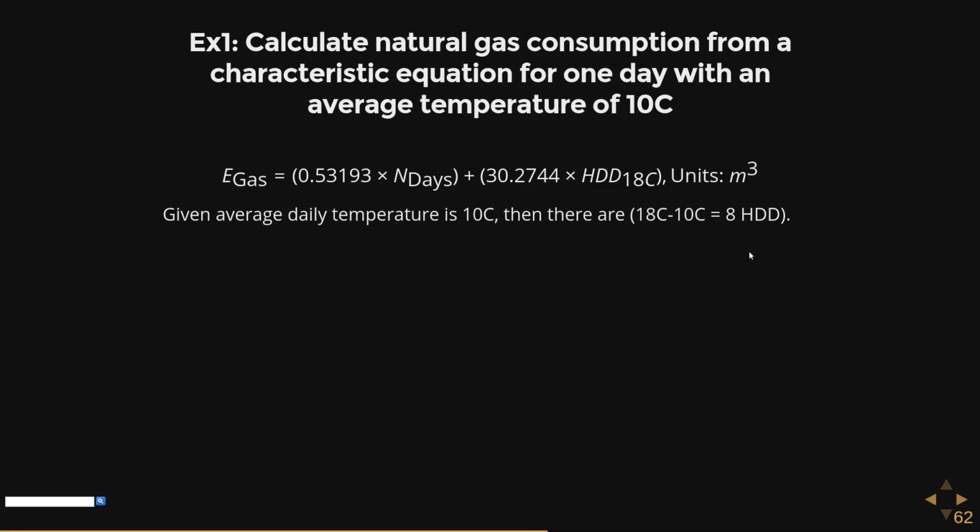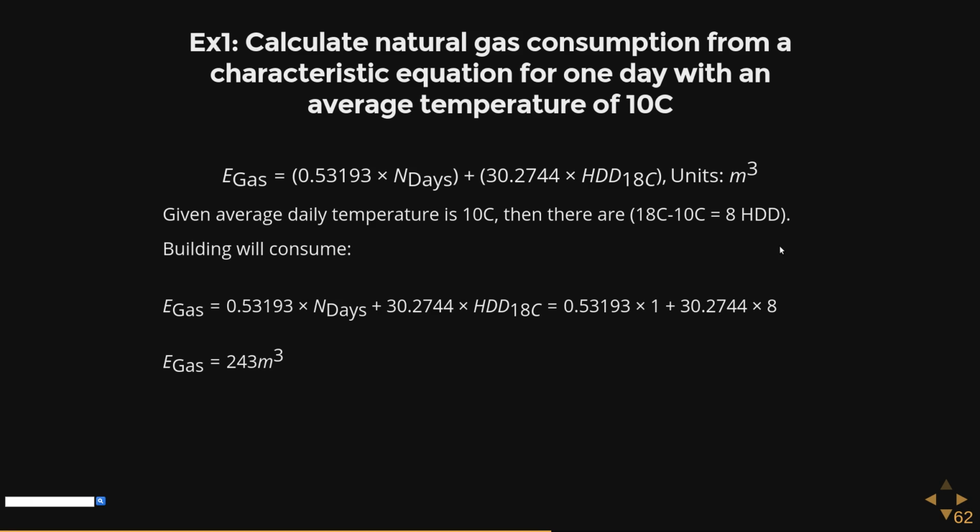First we calculate the heating degree days for that day. Given the reference point of 18 degrees Celsius, you find out that there are 8 heating degree days in that day. So we can estimate for one day that the building will use this amount of natural gas.